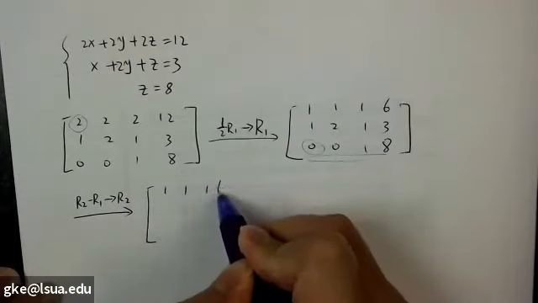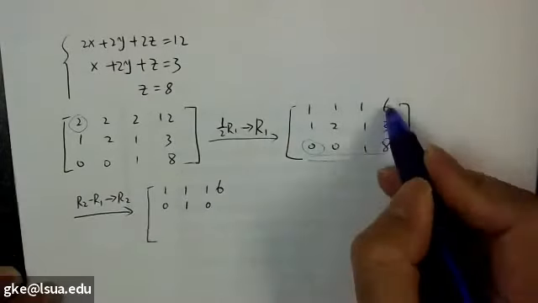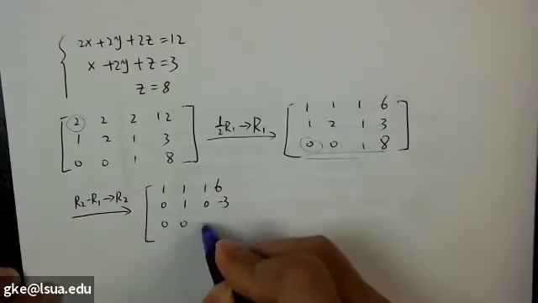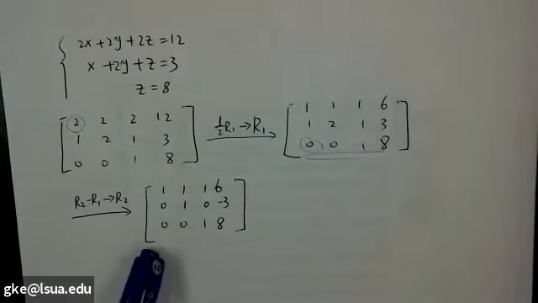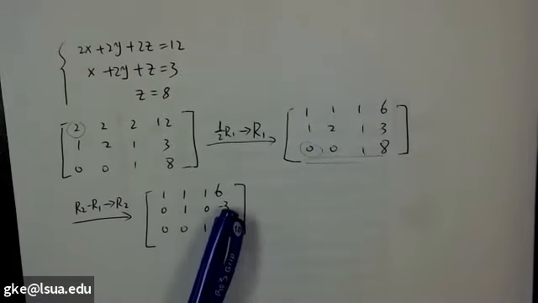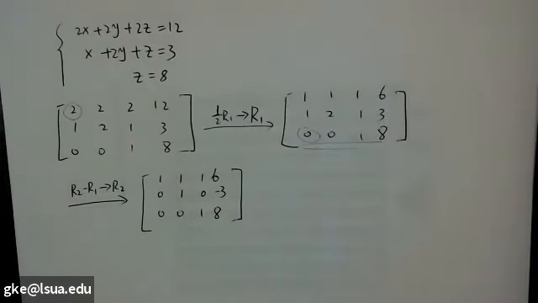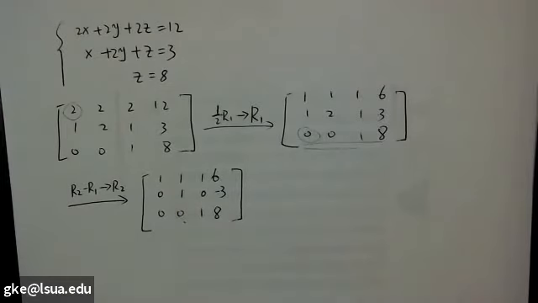So three minus 6. Right? That's it. If we want to use the second equation to eliminate the second variable y, here it's already 0. So we do not need to eliminate anything, right?